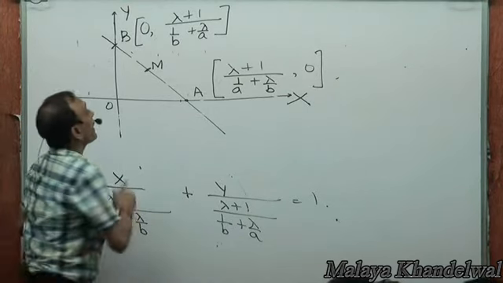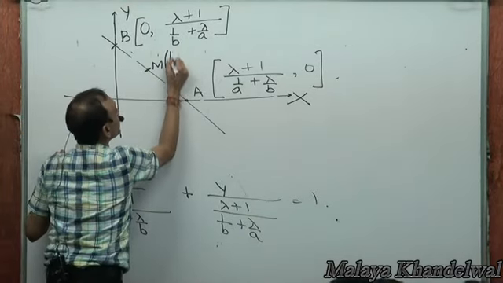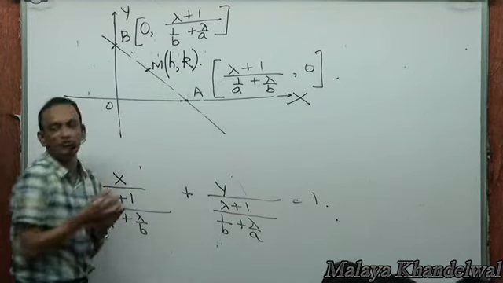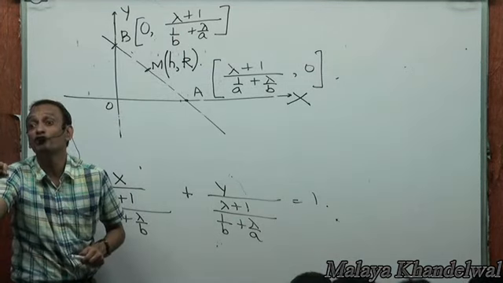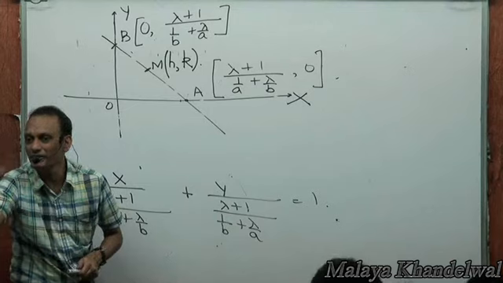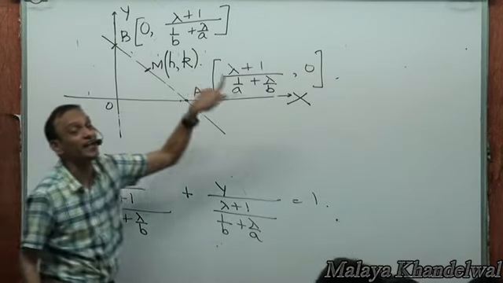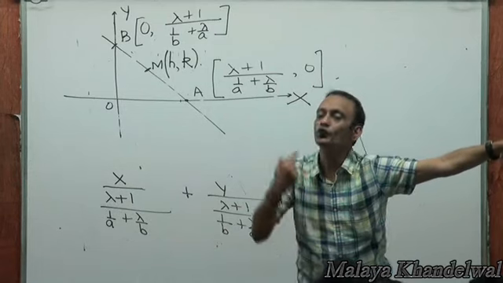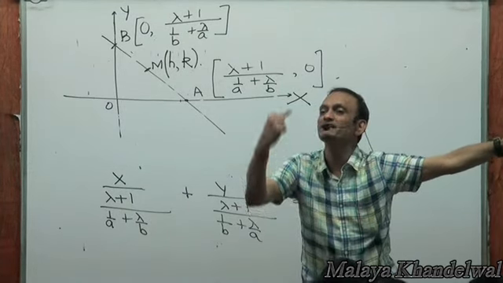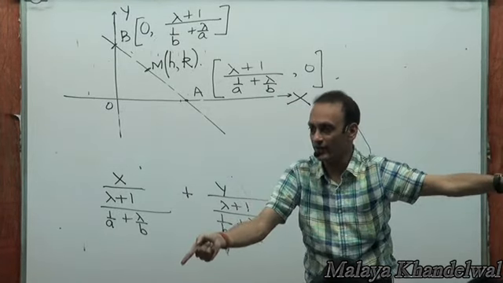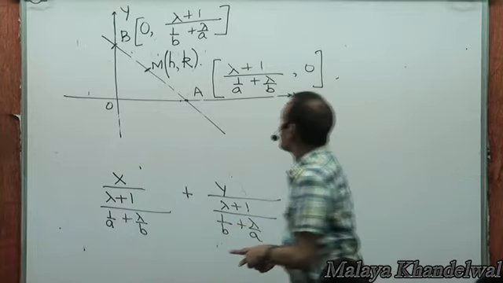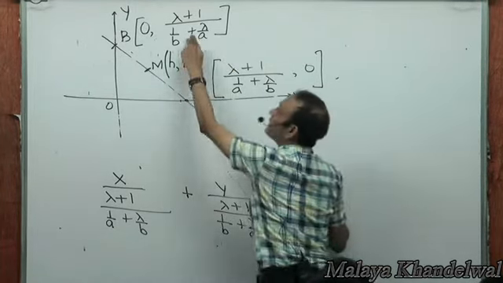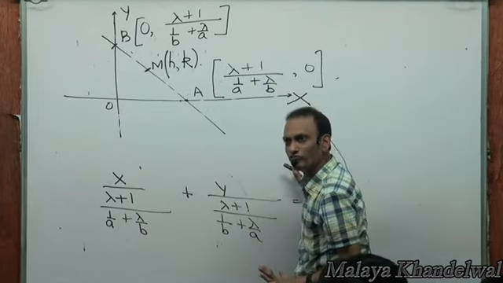That means I want to find a relationship connecting the x coordinate h and the y coordinate k of the midpoint M of AB, which does not involve the parameter λ. I need to connect h and k independent of λ. Once I do that, I then generalize, replacing h by x and k by y. Clear? Now, what is h? h would be half of this, k would be half of this, because M is the midpoint of AB.